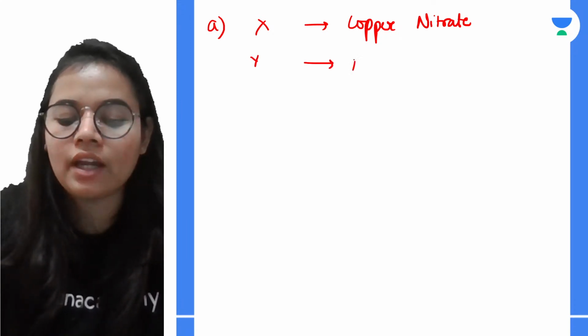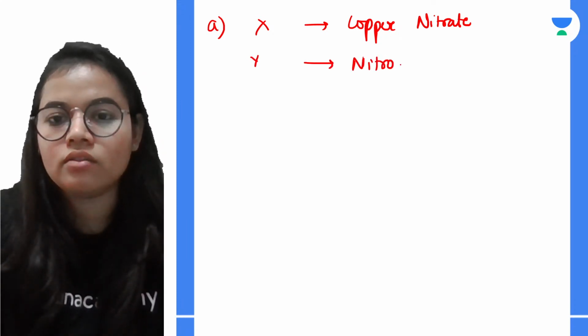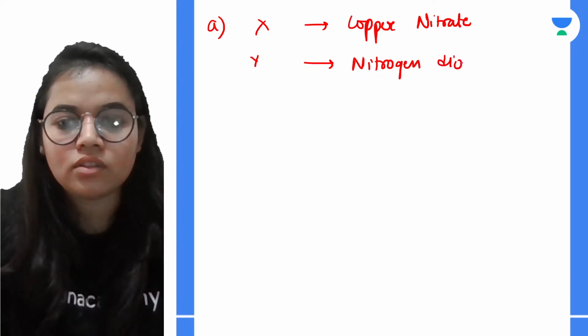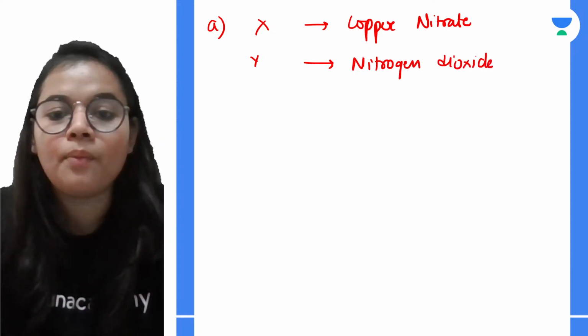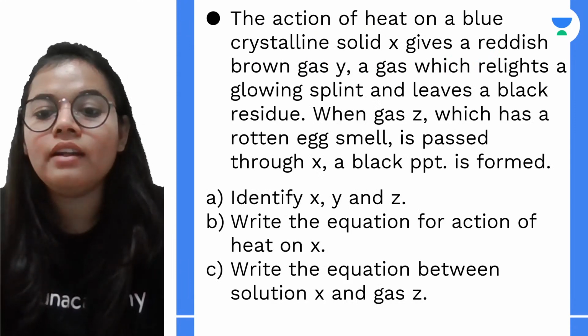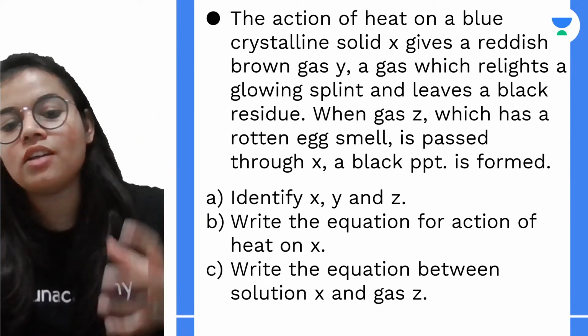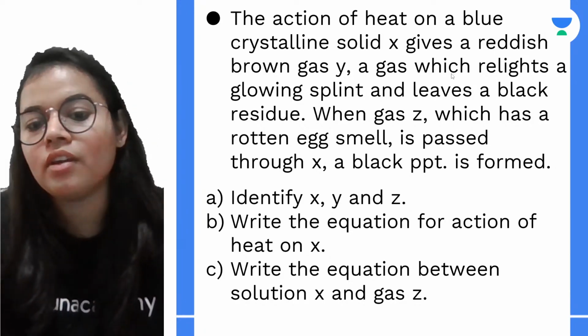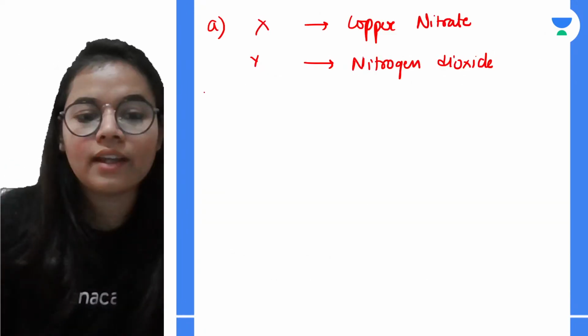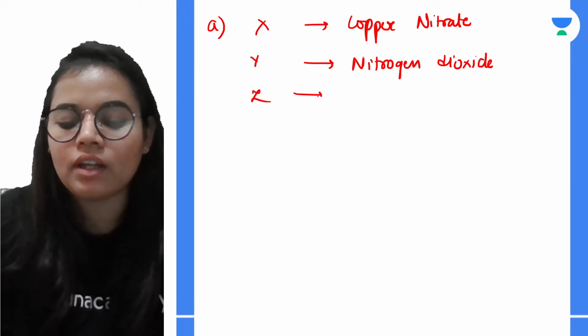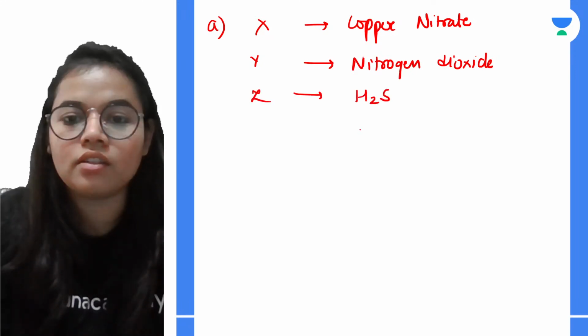That will be the nitrogen dioxide. Okay, and Z, it has got a rotten egg smell, and when it is passed through the copper nitrate, it will be giving a black precipitate. So rotten egg से ही पता पड़ता है that we are having what? We are having hydrogen sulfide.